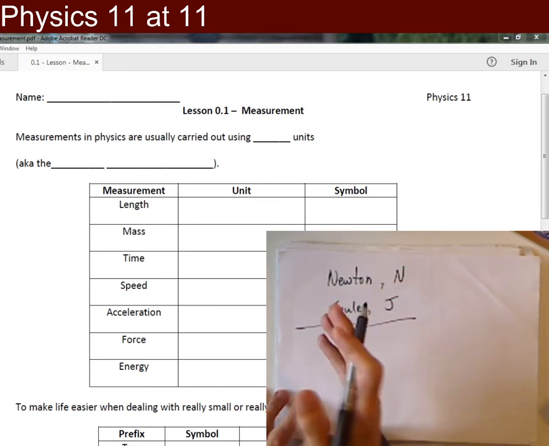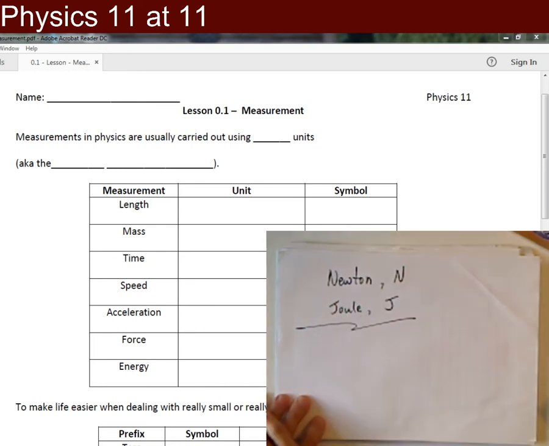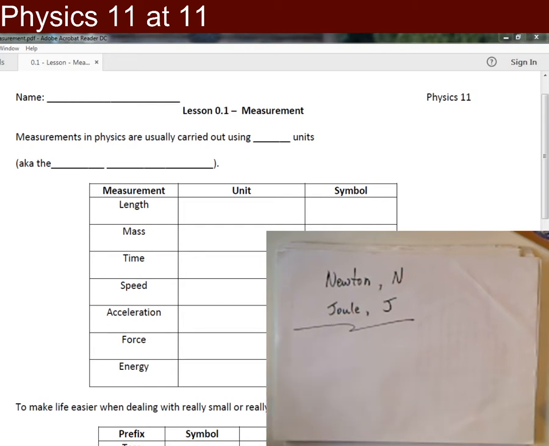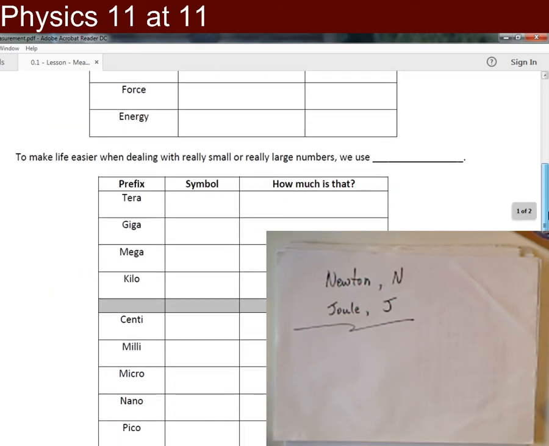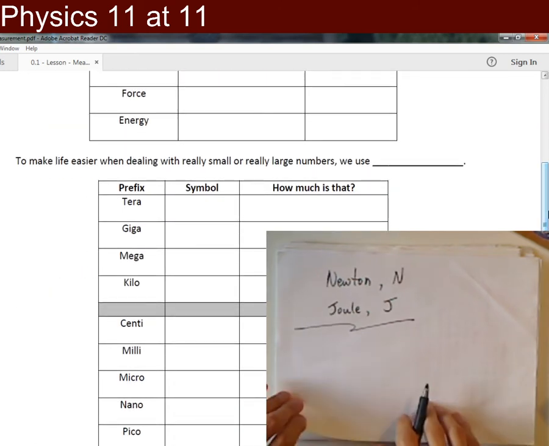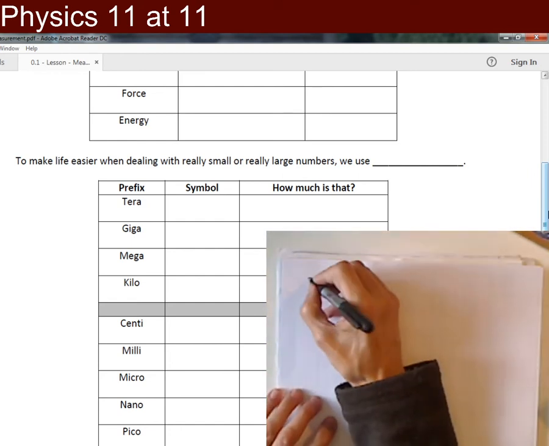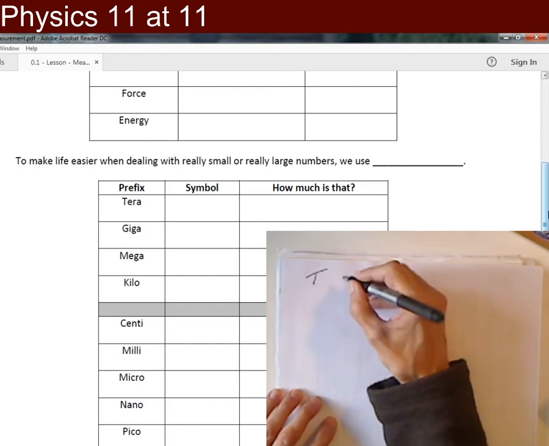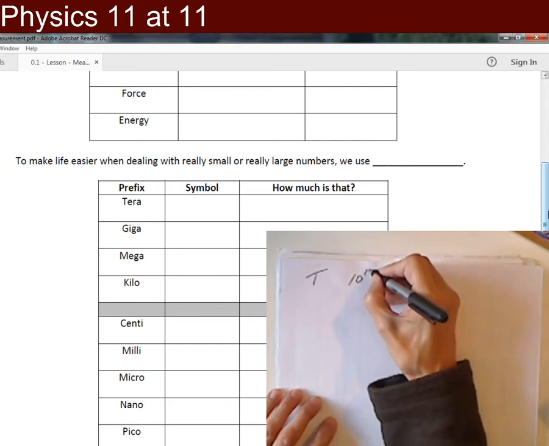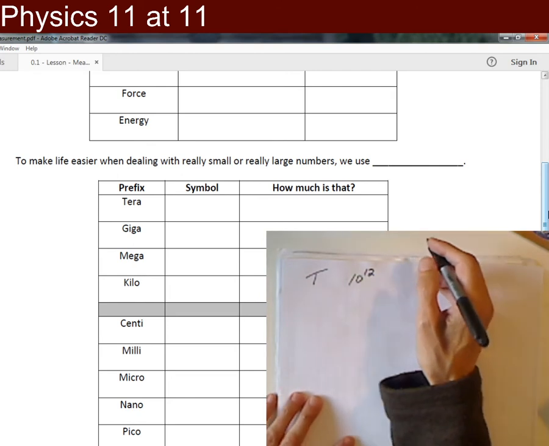Now, in physics, some of the numbers are very, very big. Distances in the universe, computer calculations a second, gigabyte memories and all that stuff. And then some things are very, very small, size of an atom, different wavelengths and such. So we need symbols for each of these. And, well, we got them. I just got to know what they each represent. So tera, symbol is big T, and this means 1 times 10 to the 12.